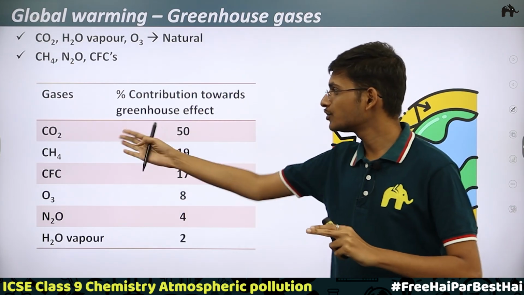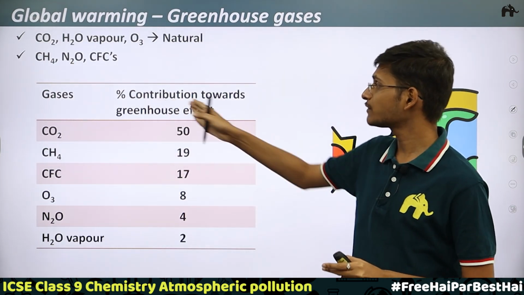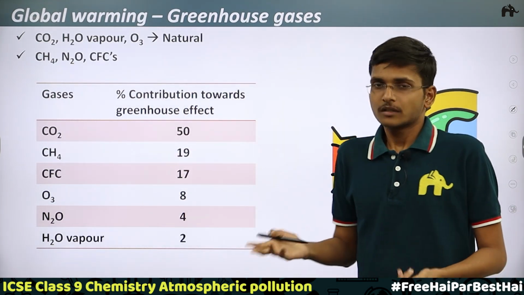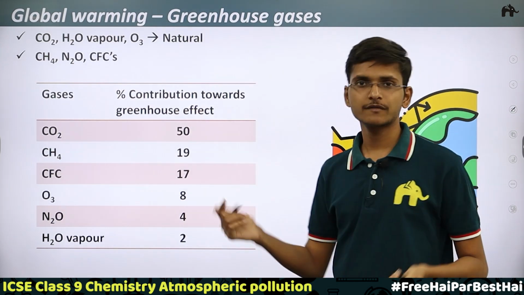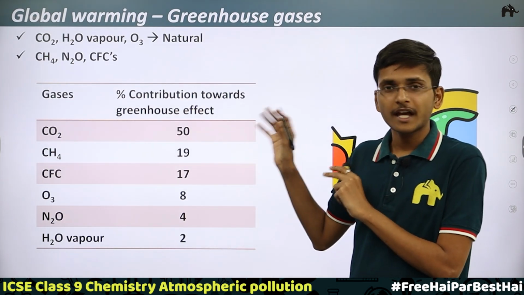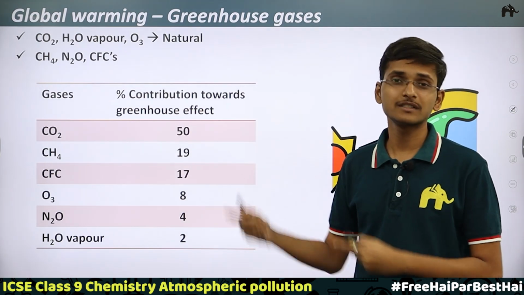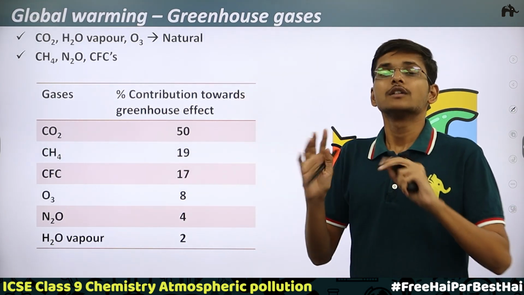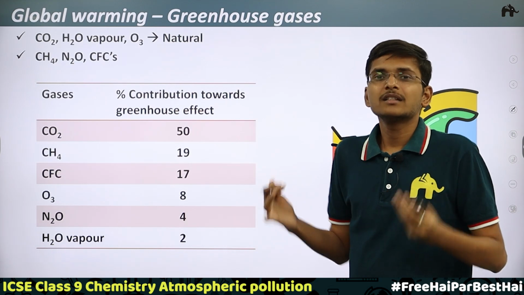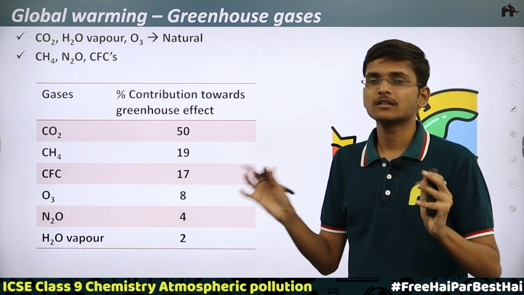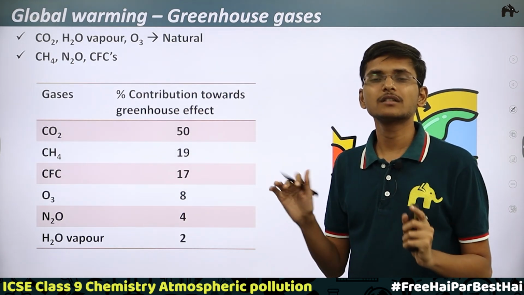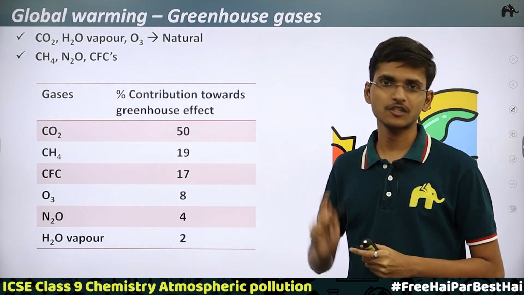Because if you remove carbon dioxide, which is responsible for 50% of the greenhouse effect, then only 50% of the greenhouse effect would be intact. And yes, our earth definitely wants this natural greenhouse effect to maintain the temperature of the earth such that life exists on the earth.